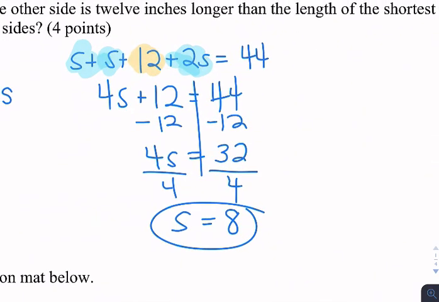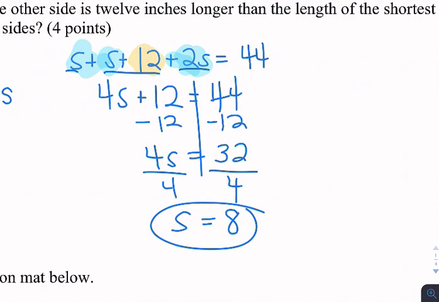And then over here, I started to write my equation for solving for the perimeter. In order to find the perimeter of a triangle, I have to add up all the sides. So one of my sides was S, one of them was S plus 12, and one of them was 2S.